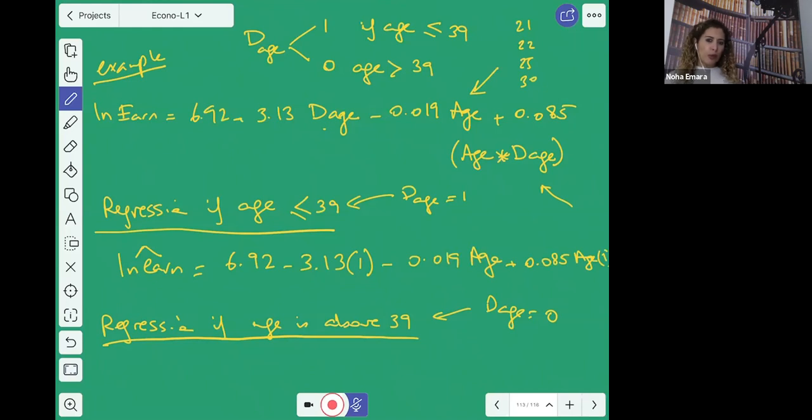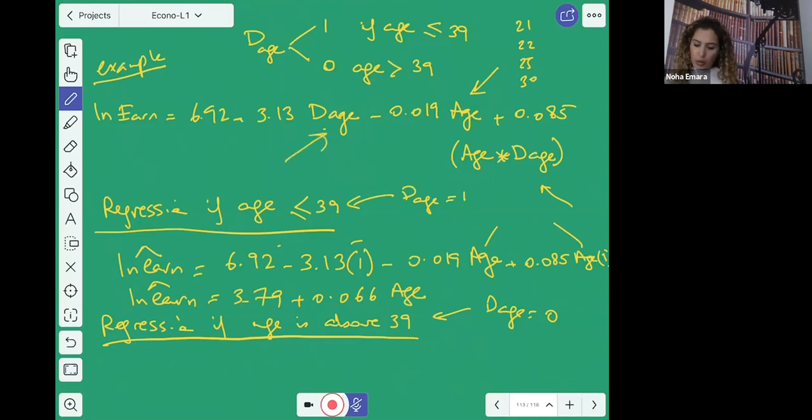So if you leave for me a question, and if you leave for me the equation this way, you will lose points, because you will have to combine all the numbers together, all the slopes together. So that means your final answer would be like this: log earning is equal to 3.79 plus 0.066 age.